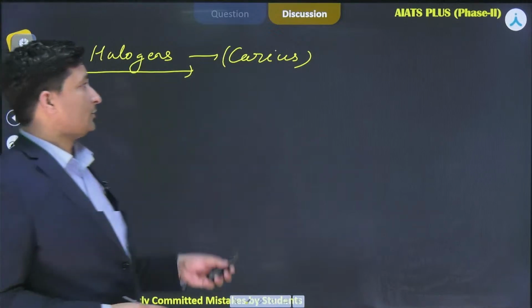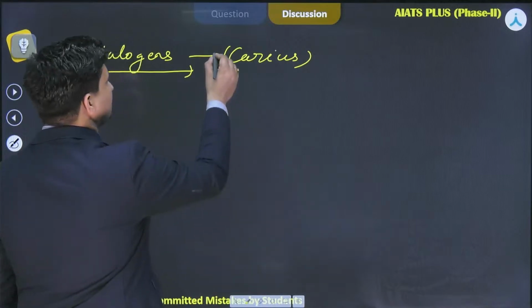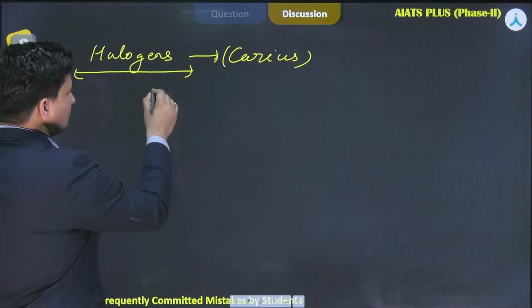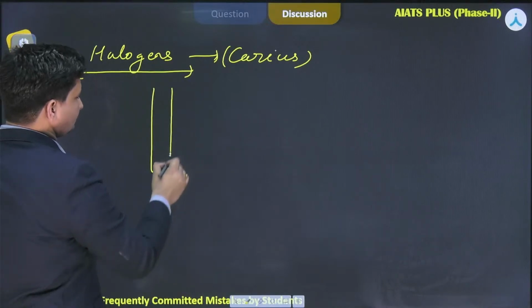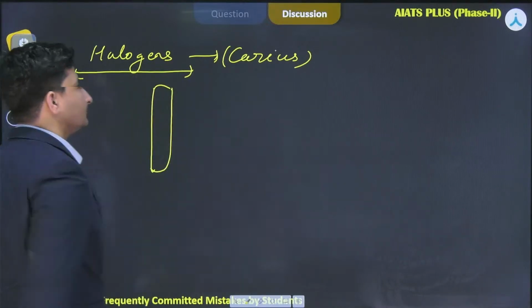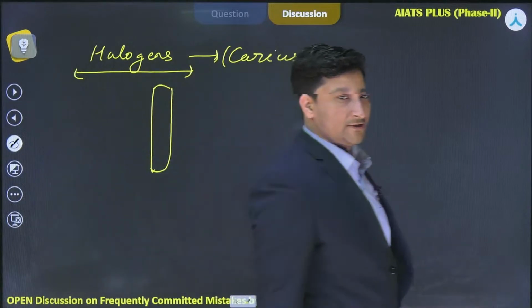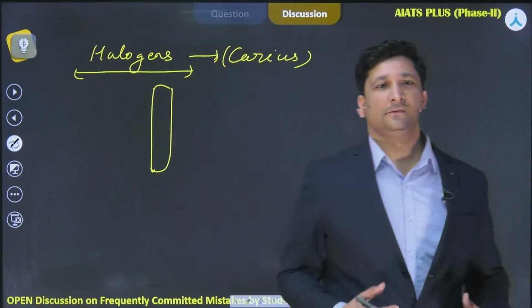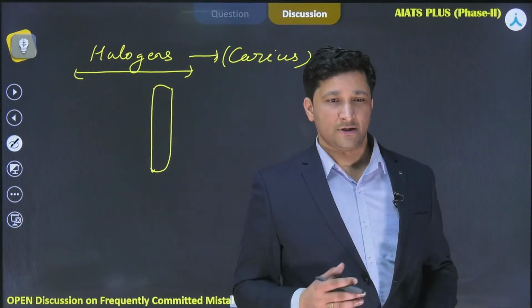Okay. So the Carius method, in the Carius method what happens? We take a Carius tube. Very soon I will be talking about the Kjeldahl method and Dumas method also, because today I am discussing the Carius method.